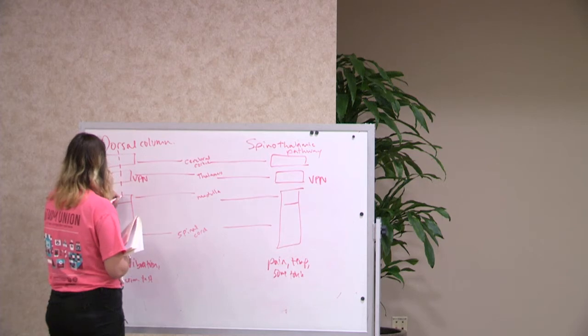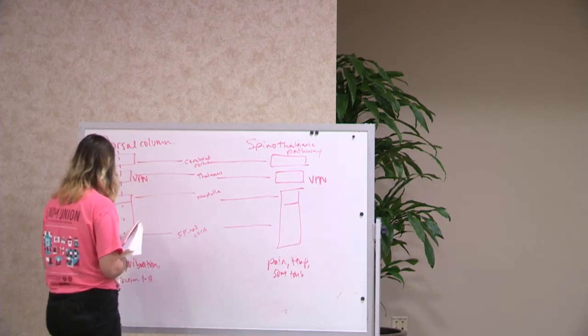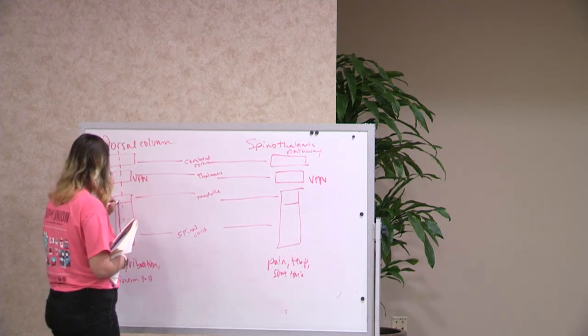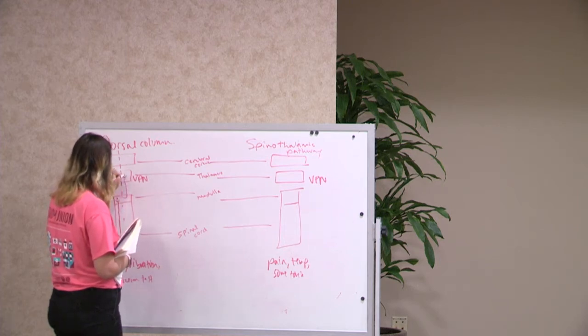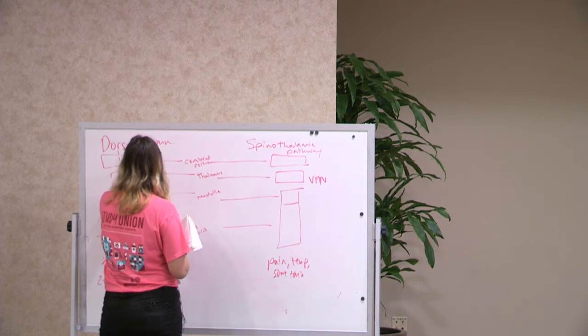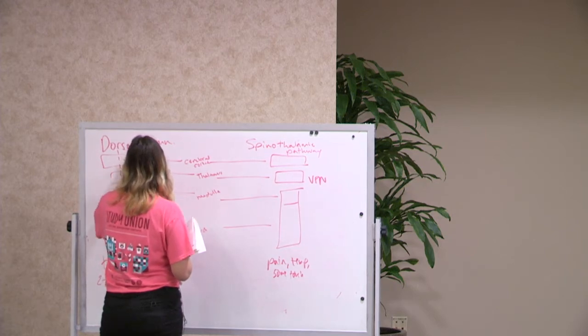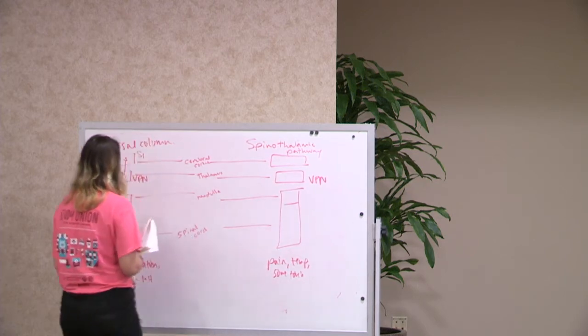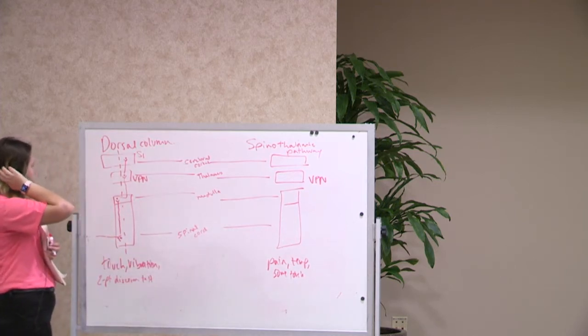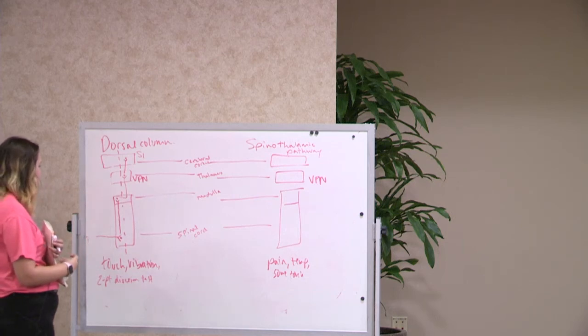So if we were just to make this clear, like left and right, it's going to travel up, synapse at the medulla, cross over, go to the VPN, and then synapse at the primary, or you can just call it the S1, the primary somatic sensory cortex. So that's the dorsal column pathway.